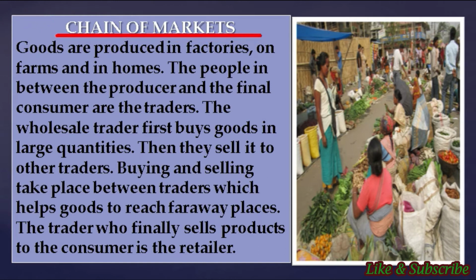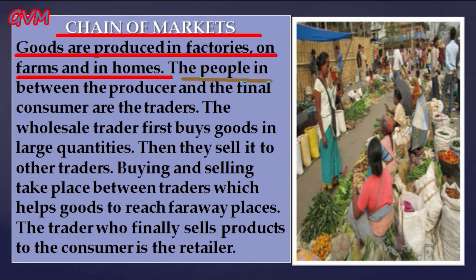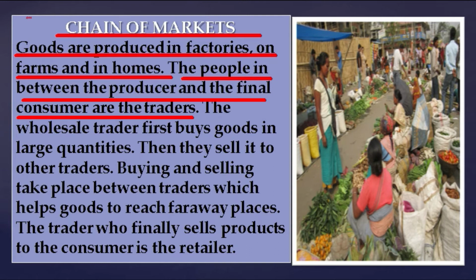Now students, the next topic of this chapter is the chain of markets. Well students, we do not buy products directly from the producer or the manufacturer. The goods that we get are produced in factories, on farms and in homes. And the people in between the producer and the final consumer, that is to say us, are the traders. This means there are middlemen who buy products from the producer and then sell them to the buyer, and these middlemen are known as traders.